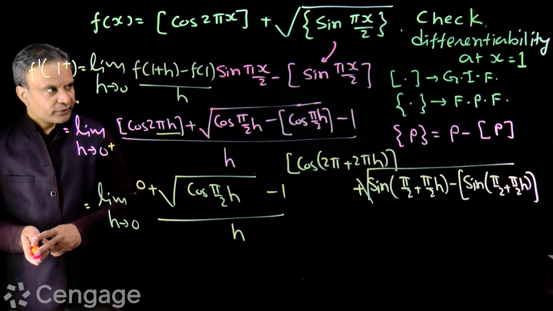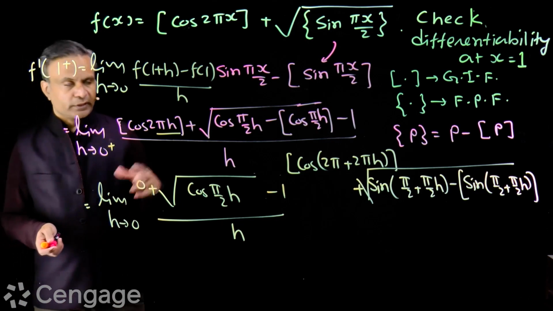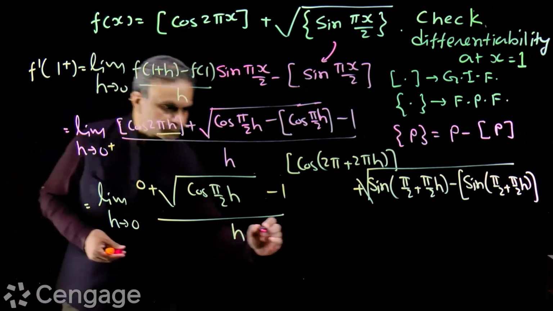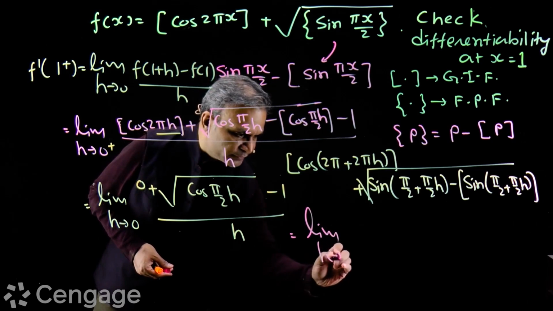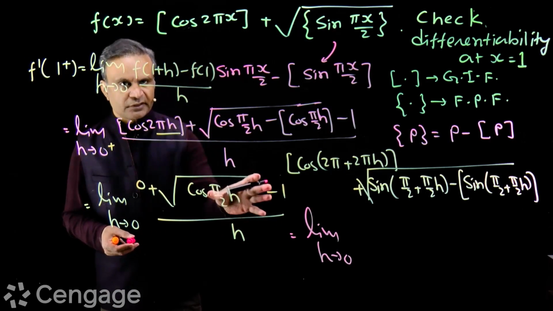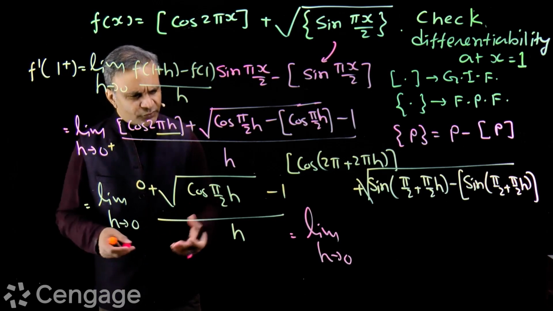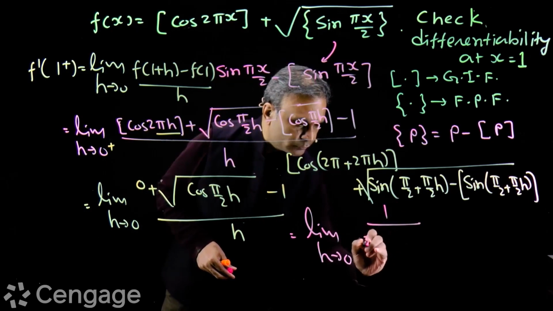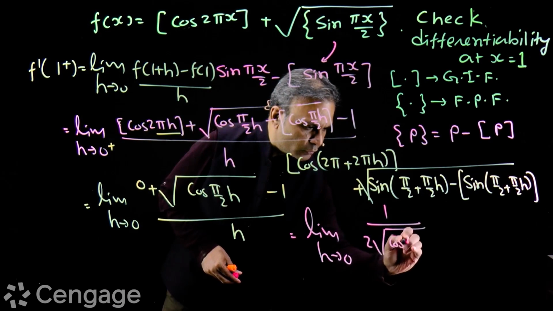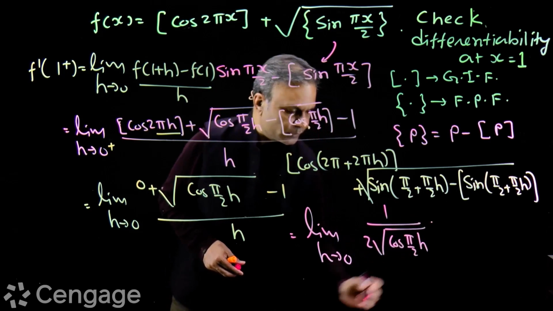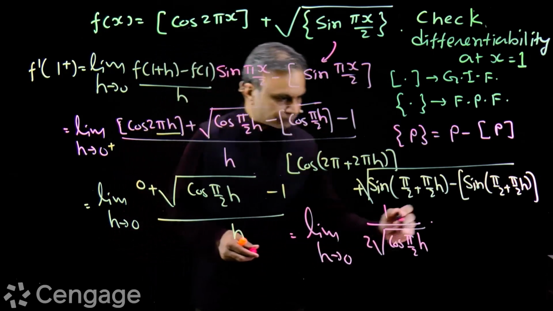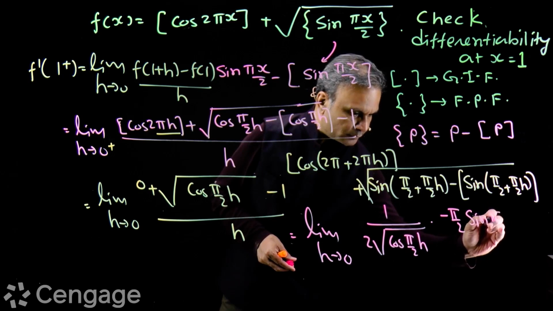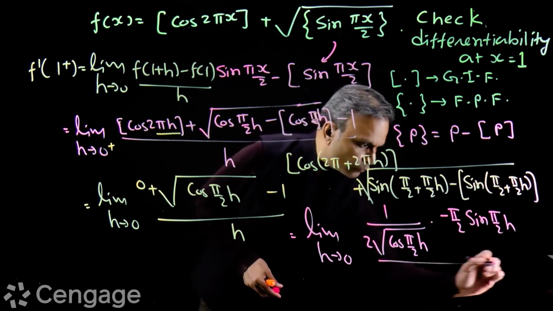To get the limiting value, we can use L'Hopital's rule. We differentiate the numerator and denominator separately. We can also rationalize this, but let's use L'Hopital's rule. The derivative of this will be 1 upon 2 into root cos(πh/2) into minus π/2 sin(πh/2), over 1.